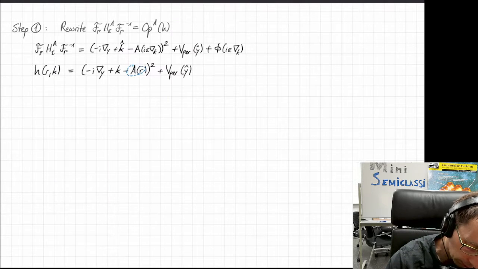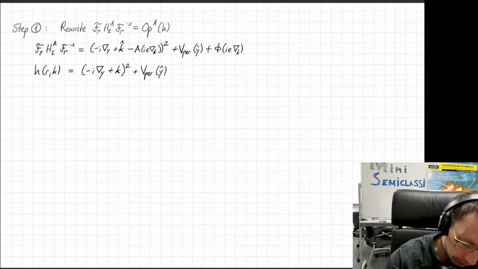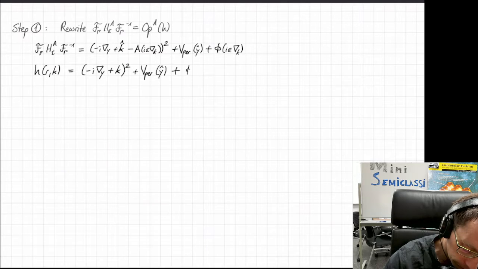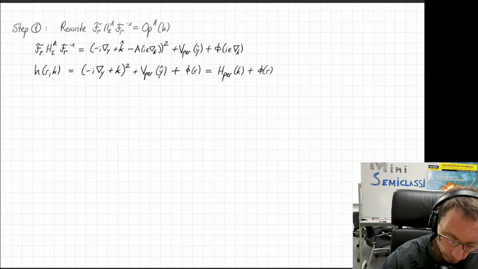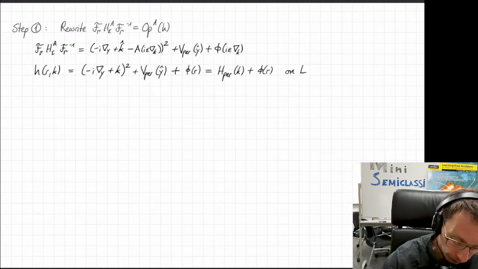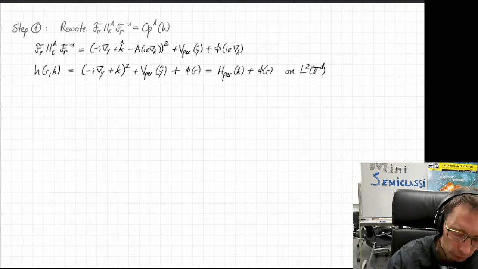Sorry, I made a mistake. So I have to delete the vector potential. That's absolutely important. So this here you will recognize as the sum of the periodic Hamiltonian in k plus phi of r. And this is an operator on, for fixed r and k, on L2 over the d-dimensional torus, this time the torus in real space.